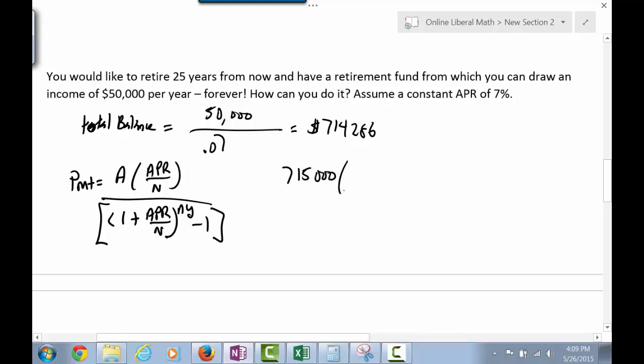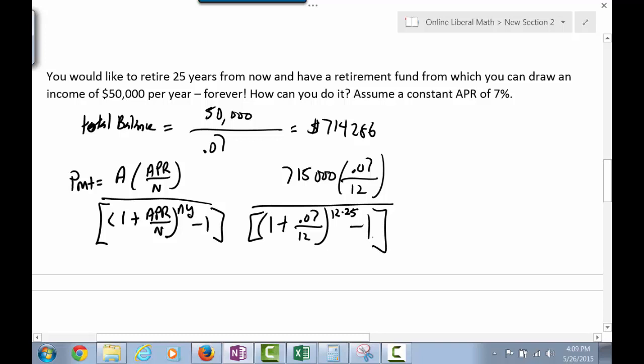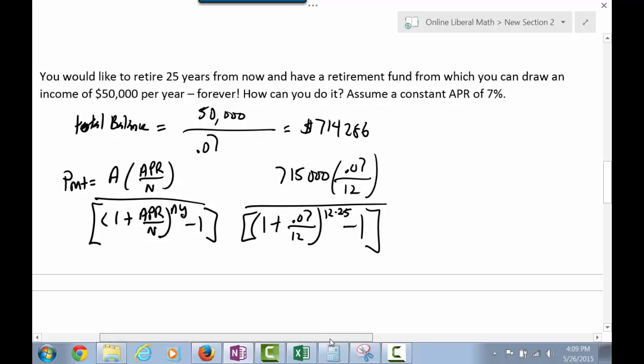We have 715 times 0.07 divided by 12, and 1 plus 0.07 divided by 12 raised to the 12 times 25 power, minus 1.